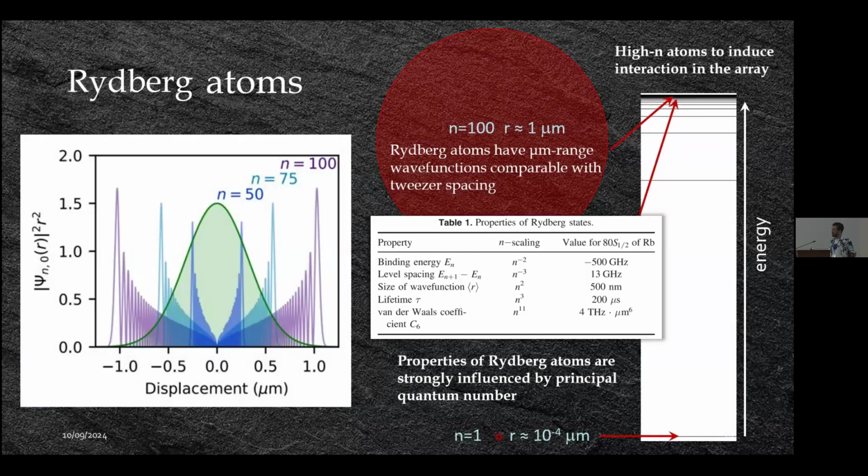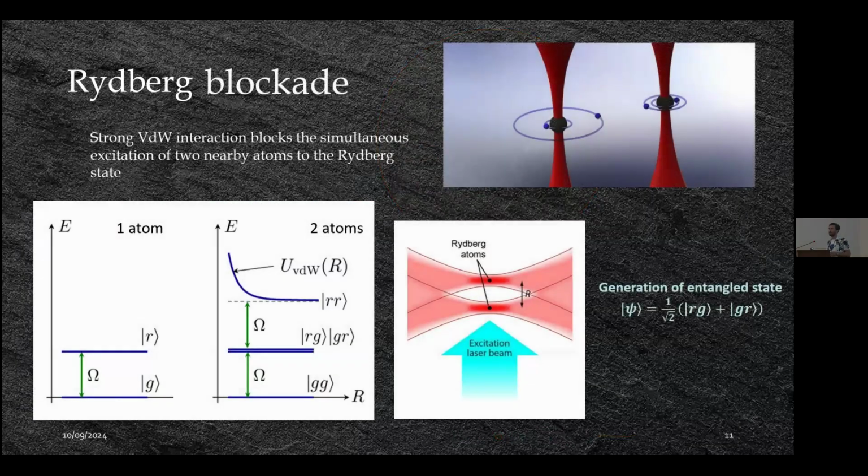I think the most interesting concept about Rydberg is the so-called Rydberg blockade phenomenon, which basically works like this. If I have my atom and I want to excite it to the Rydberg state, it's straightforward. But what happens if, let's try with two atoms?